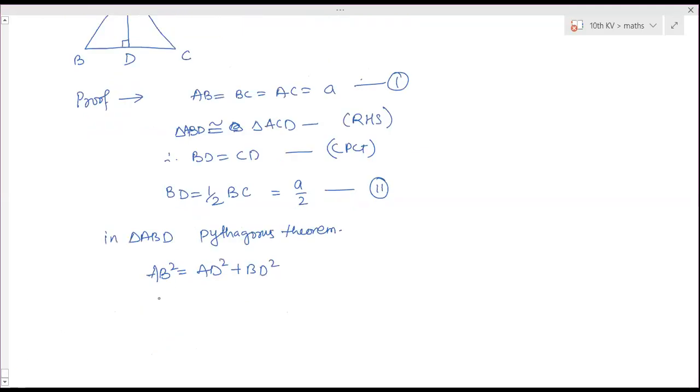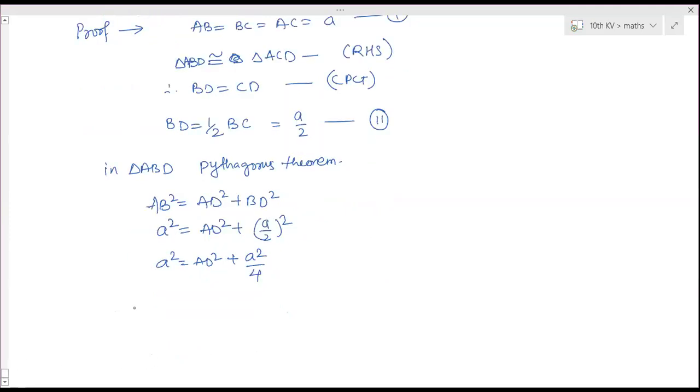So AB square, that is A square, is equal to AD square plus A by 2 whole square, plus A square by 4. So this A square by 4 comes to the LHS, transfer to the LHS by subtraction. A square minus A square by 4 is equal to AD square.